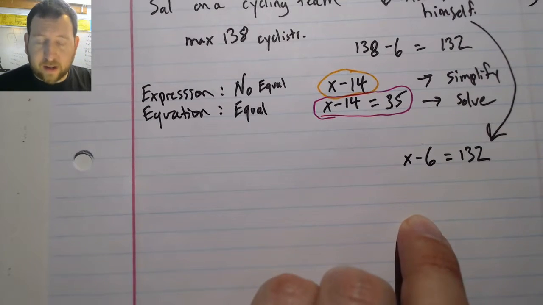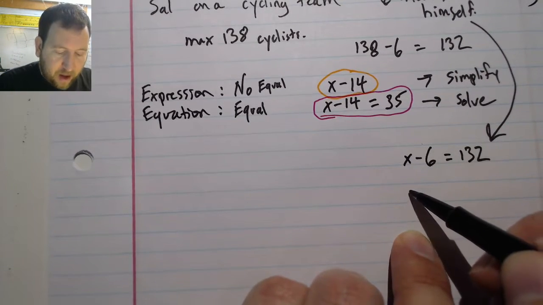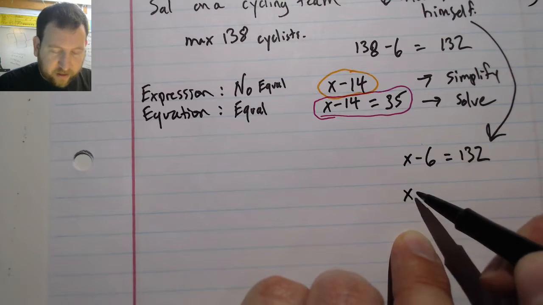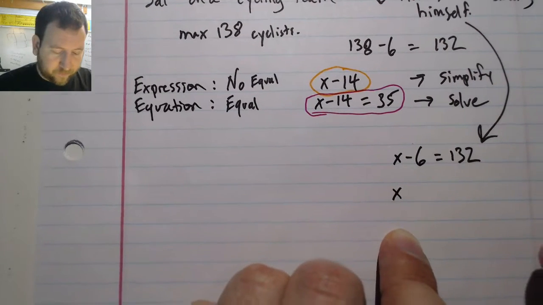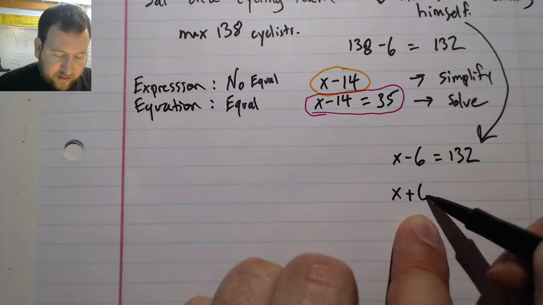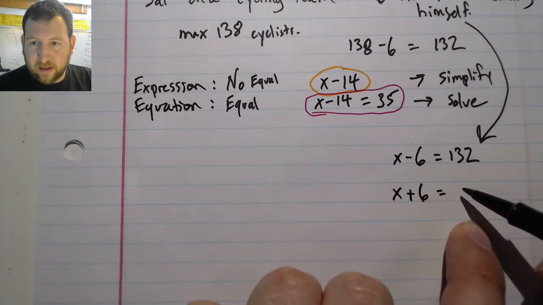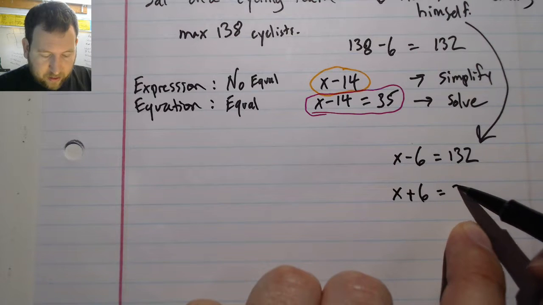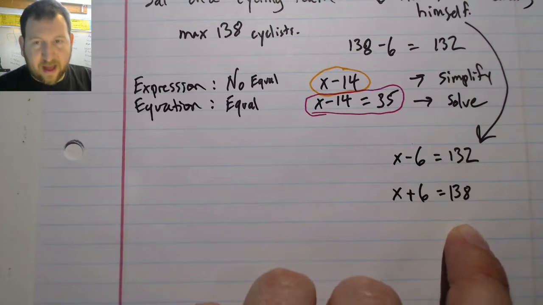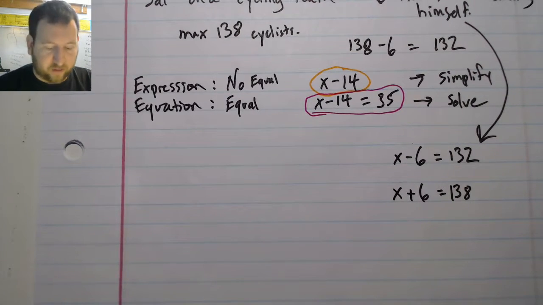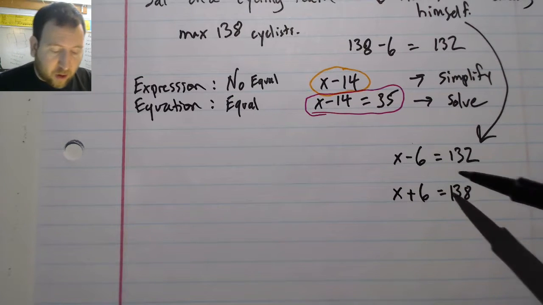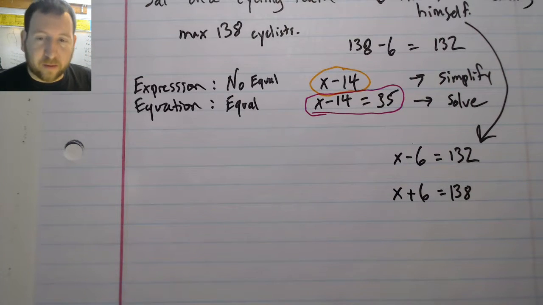Or I could write it like this, that however many people have registered, x, and if I add 6 more, it has to be 138. Then I would be able to register. In fact, I should probably use an inequality here, but for this example, we're going to be good.